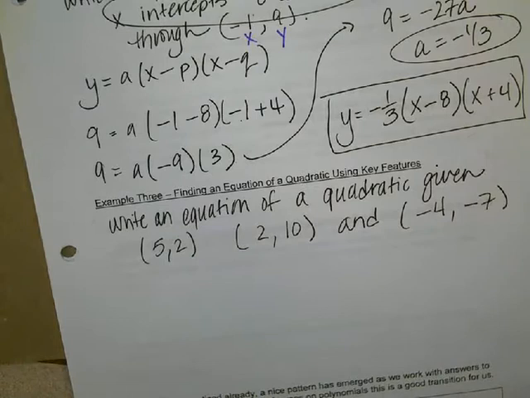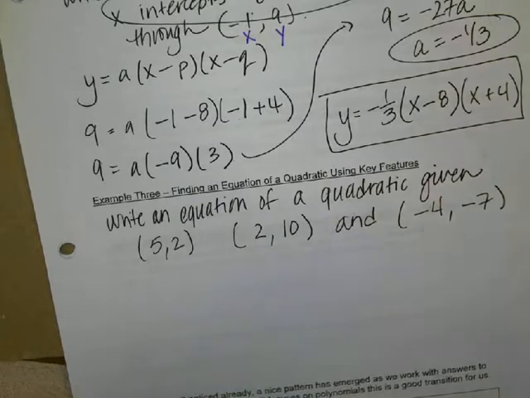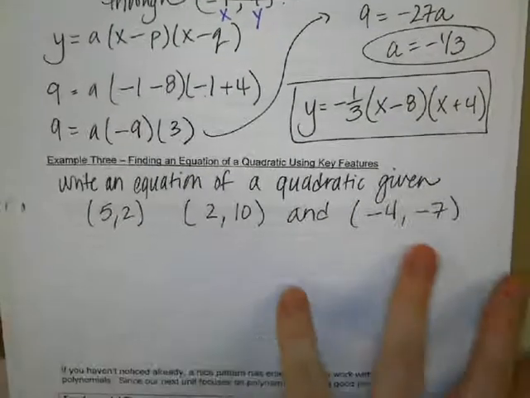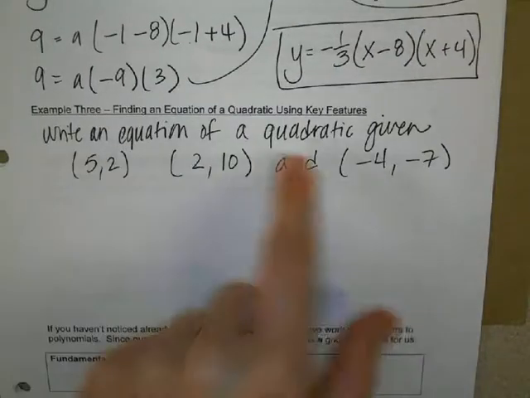I think. Yeah, that'll work. Okay. Now, when you're given 3 random points, notice that none of these are identified as the vertex or as the x-intercept. So this is something we could view as just some data. I do know that they want me to write an equation for a quadratic.